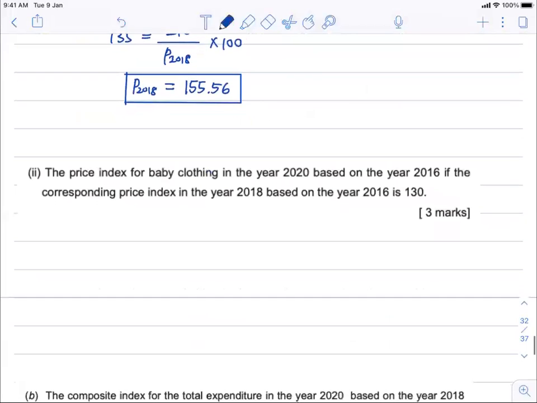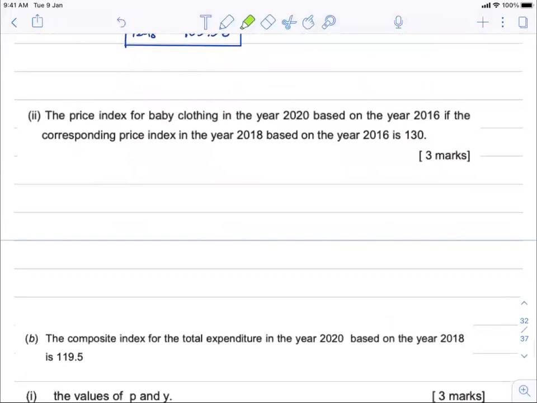Now let us move on to part 2. So part 2 tells us the index for baby clothing in year 2020 based on year 2016. It asks us what is the value. Basically, index of 2020 over 16.